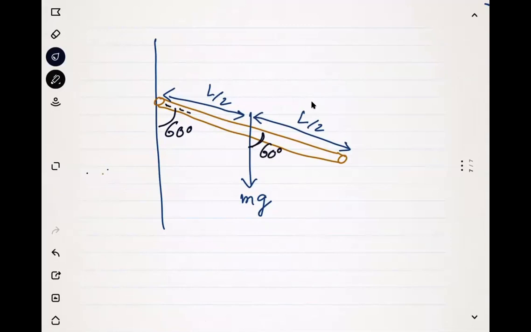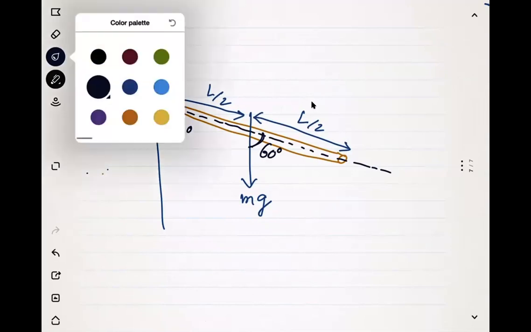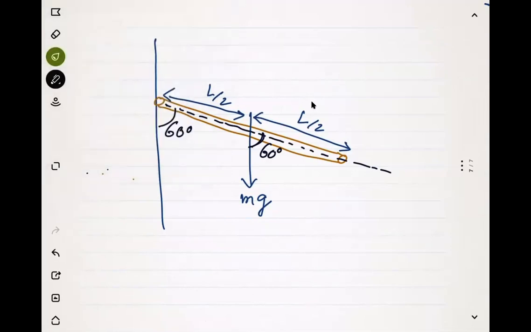And this is the line along which the displacement or the distance is given. The distance L is given along this line. So we need forces along this line. If we resolve the weight along this line, one component would become mg cos of 60.